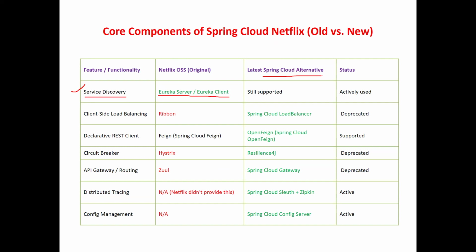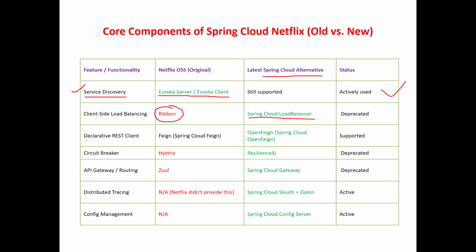Spring Cloud has not yet given an alternative, so we are still actively using it, though a few organizations may not. For load balancing, previously Netflix gave Ribbon as a library. Now it is completely deprecated, and we have an internal mechanism called Spring Cloud Load Balancer, mainly for client-side load balancing. Anyway, we will discuss these points later.